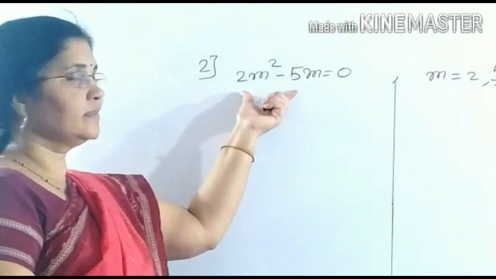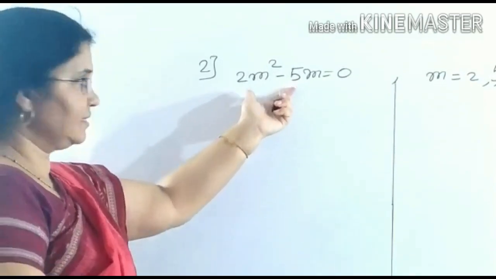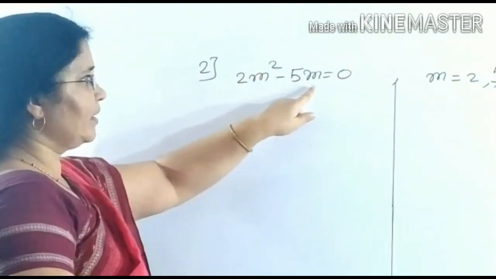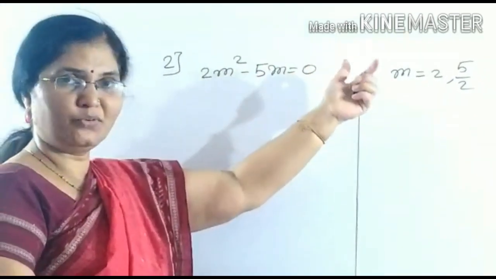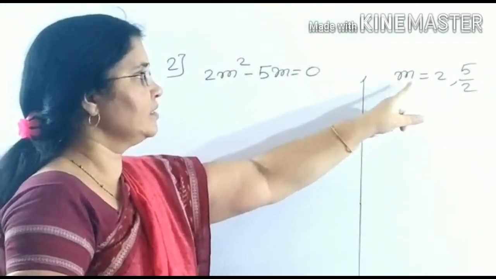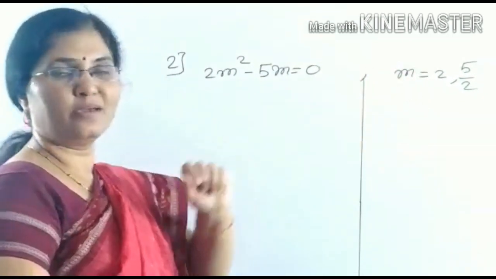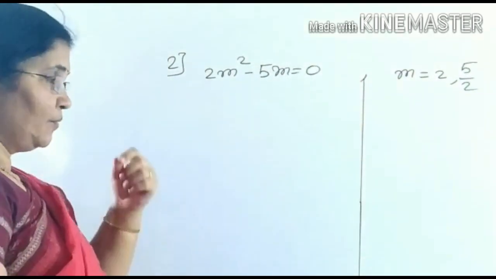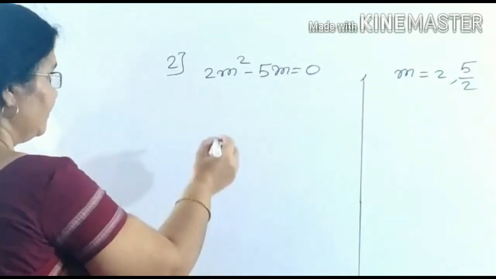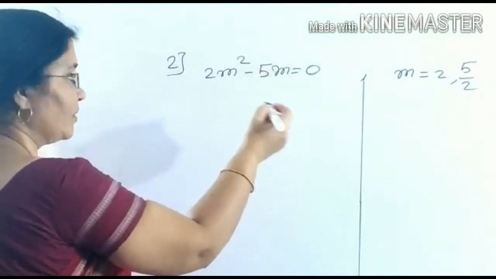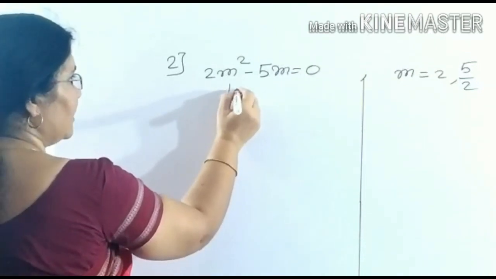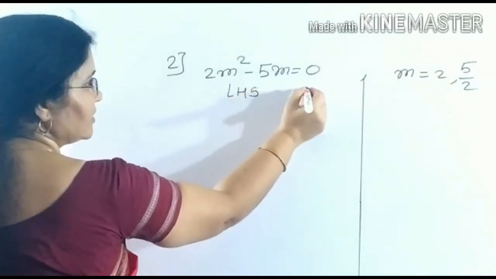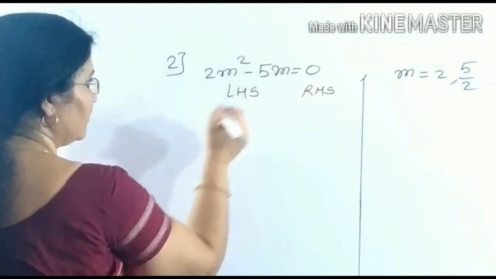Here I have taken the quadratic equation as 2m square minus 5m is equal to 0, and in front of that two values I have taken, m is equal to 2 and m is equal to 5 by 2. One by one we will check whether these are roots of the given quadratic equation or not. This is the LHS of the equation, and this one is the RHS.